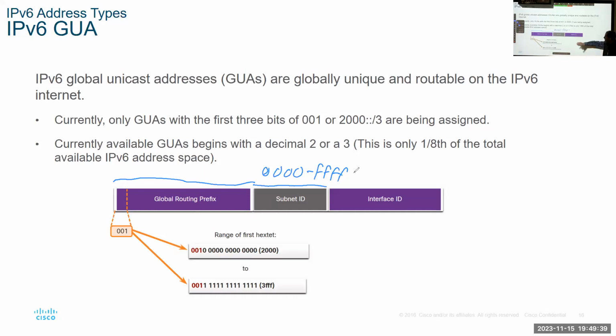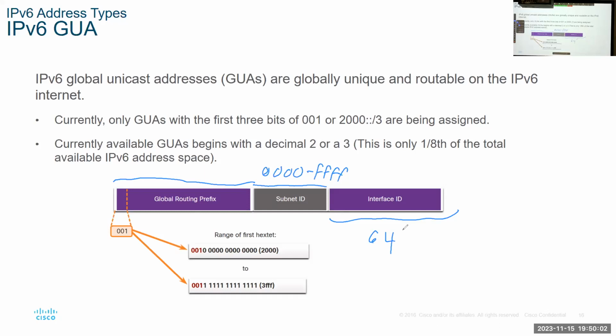You've got that entire 16 bits to do whatever you want with. The interface ID stays 64 bits, so that never changes. You don't have a host field that's going to be sometimes 2 bits, sometimes 8 bits, sometimes 16 bits. It's always 64 bits.